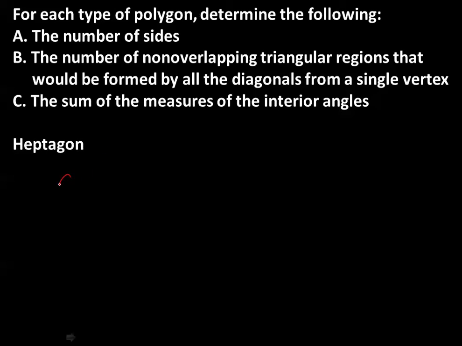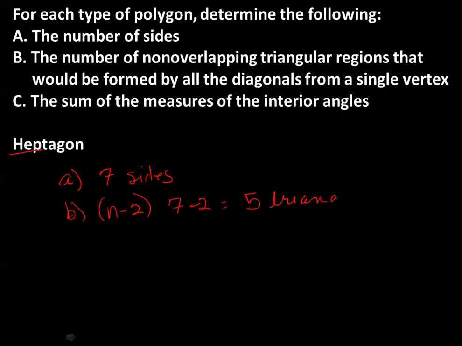So here, heptagon, hept means 7. So 7 sides. B, remember, I'm going to take n minus 2. That will give me the number of triangles, so I'm going to have 7 minus 2, which equals 5 triangles.